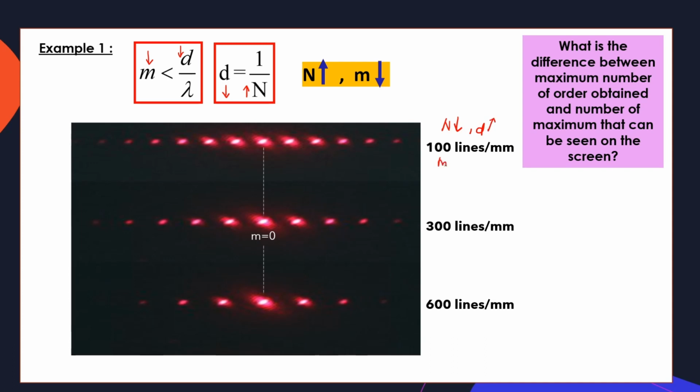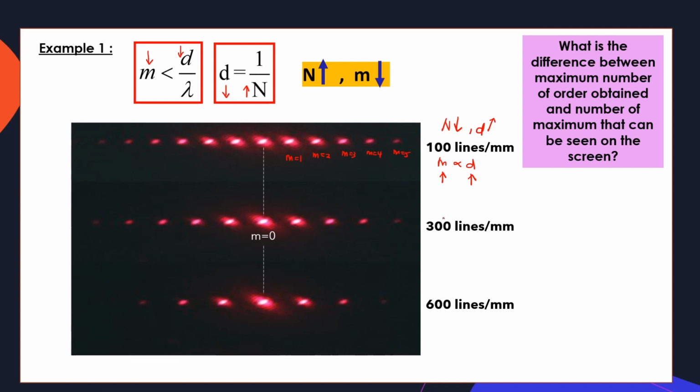As m is directly proportional to d, when d is increased, the number of order also increases. So here we have m equal to 0, and this is m equal to 1, 2, 3, 4, and 5. On the screen, we can observe up to the 5th order of the bright fringe.